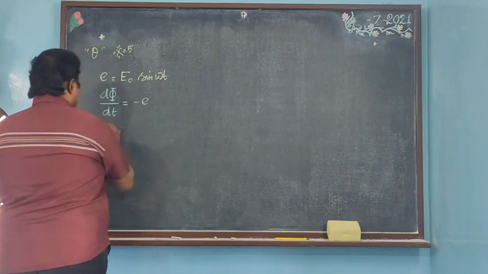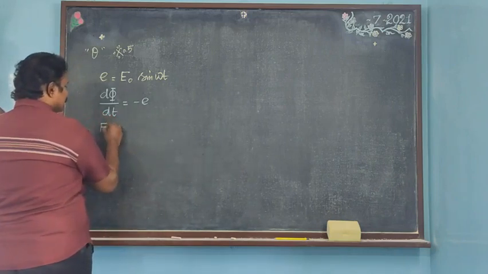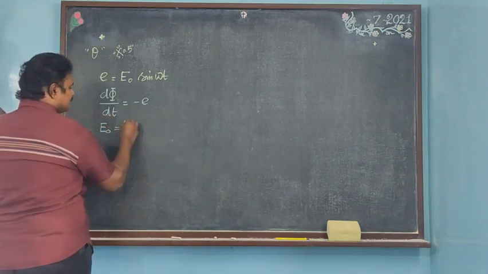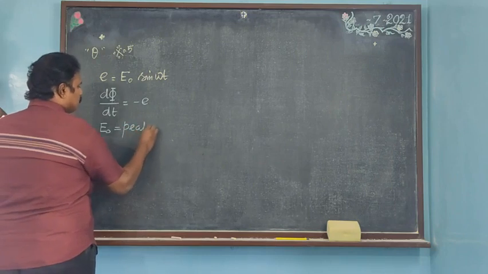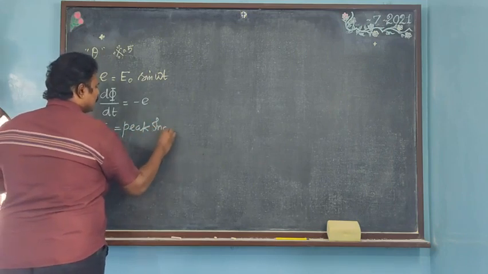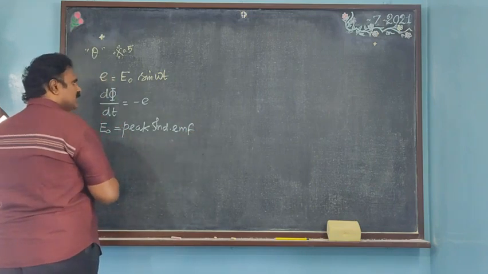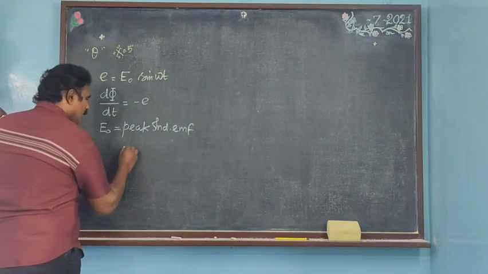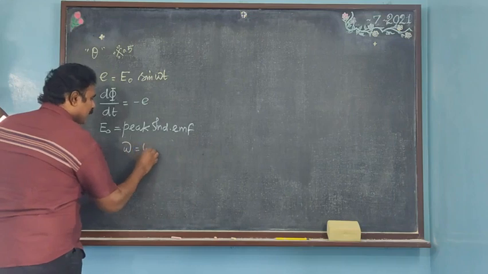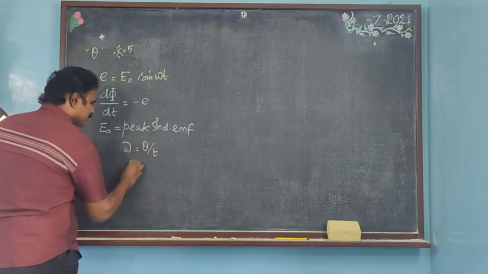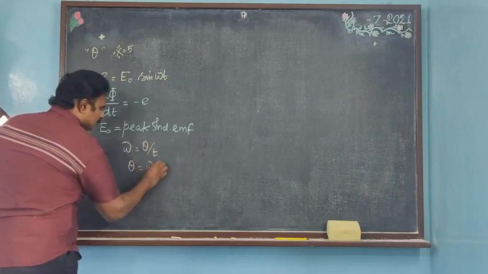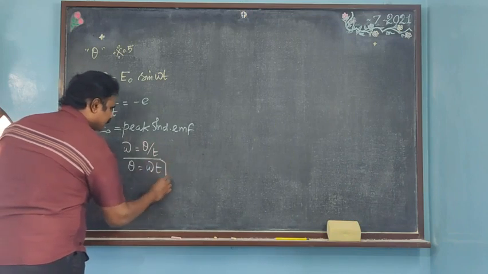Also, you have come across, this E naught is nothing but peak induced EMF. Also, you know, angular velocity omega is equal to theta by t. Therefore, theta is equal to omega into t.